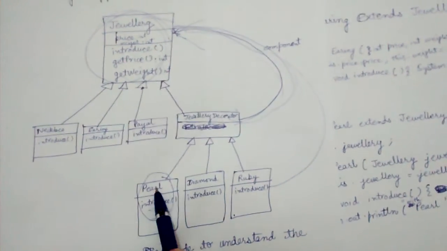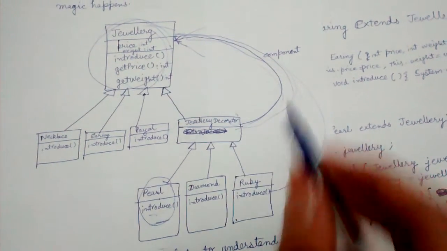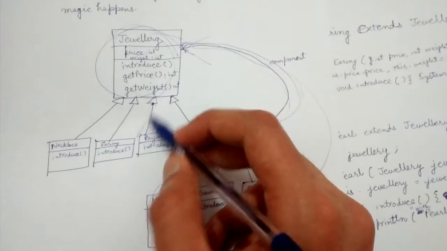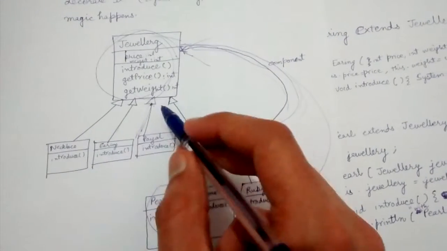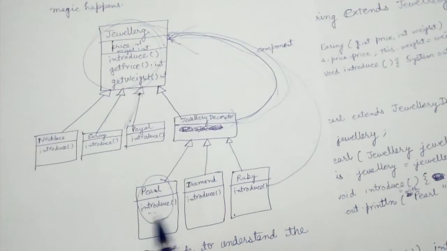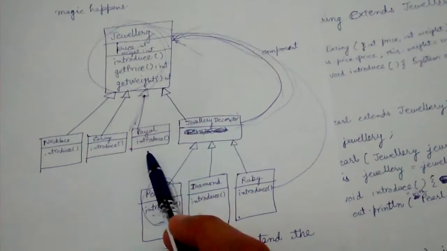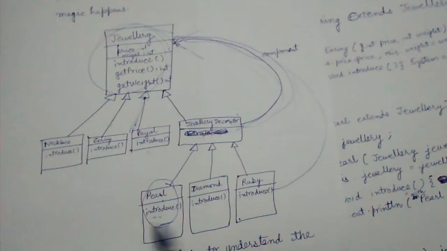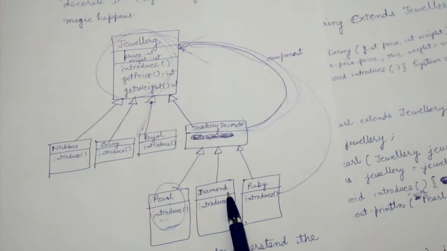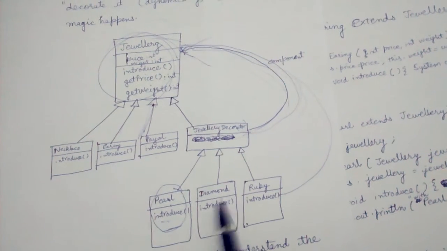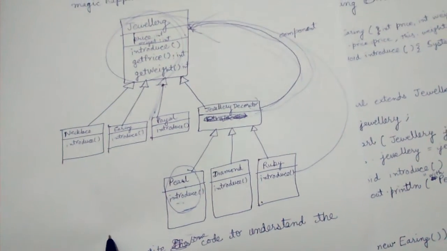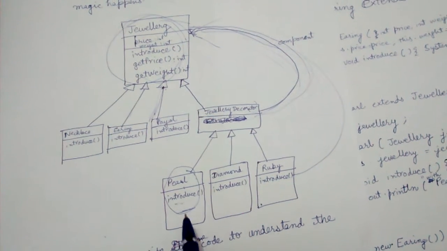So Pearl will say to the jewelry, which can be pointing to any of the subclasses by the Liskov substitution principle, so its jewelry reference can point to anything. Let's say its jewelry reference is pointing to Payal, so that will print Payal, and then this Pearl will append with Pearl to it. So the whole output will look like Payal with Pearl to the user.